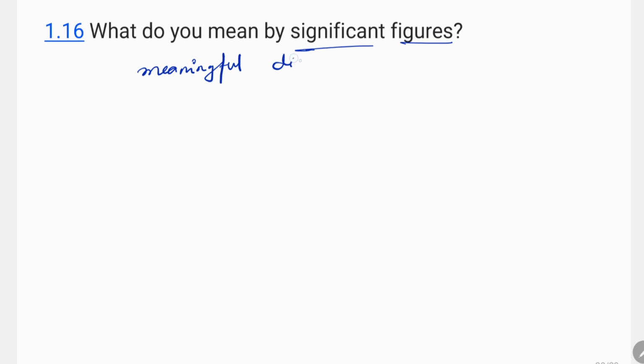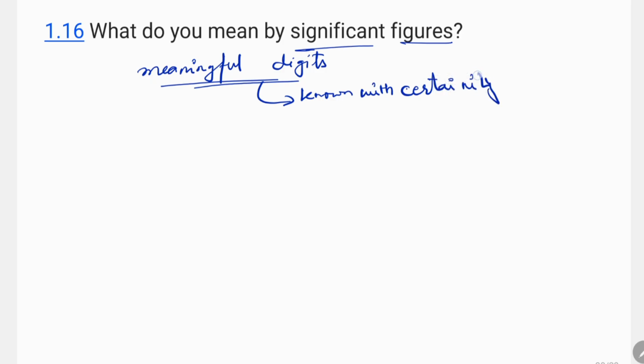They are meaningful digits which are actually known with certainty. You should remember this. We should know that these are the actual numbers, plus 1 which is estimated or uncertain.